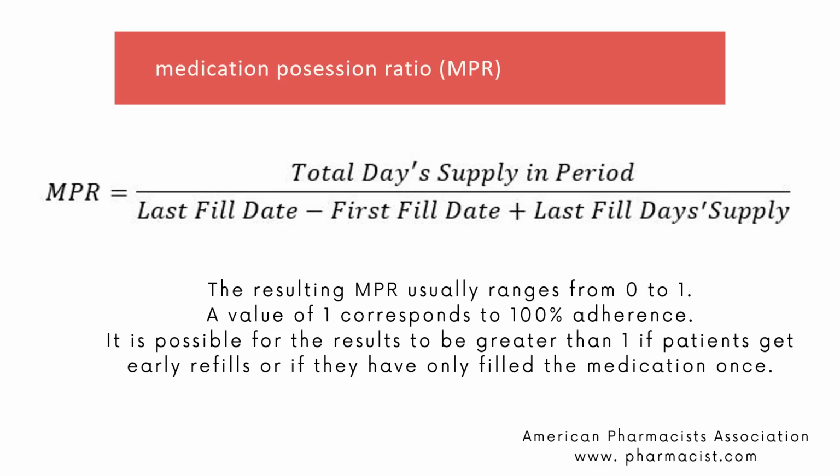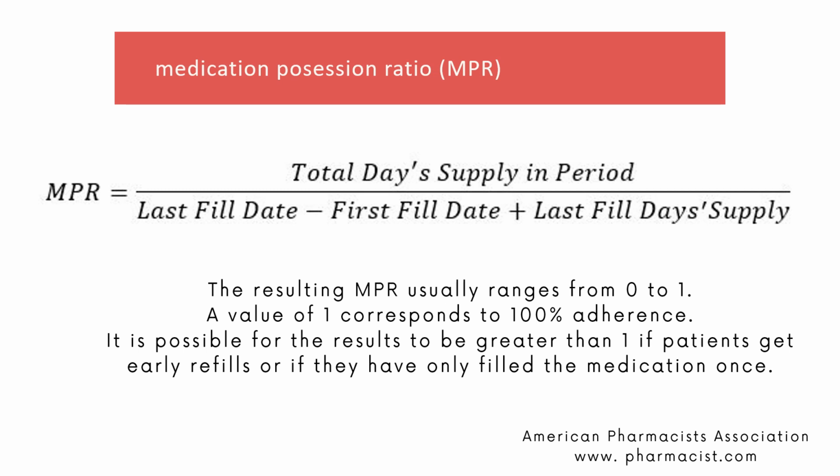Medication possession ratio. This is when we want to know whether the patient is actually adhering to the medication or not. We can use this formula: the total days supply in a period divided by the last fill date minus first fill date plus the last fill date supply.